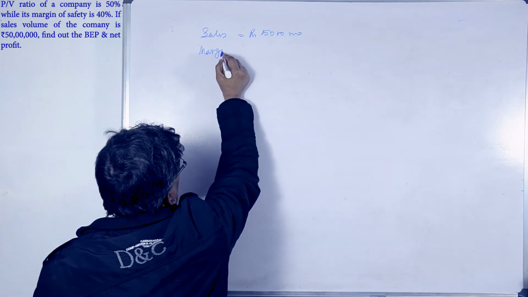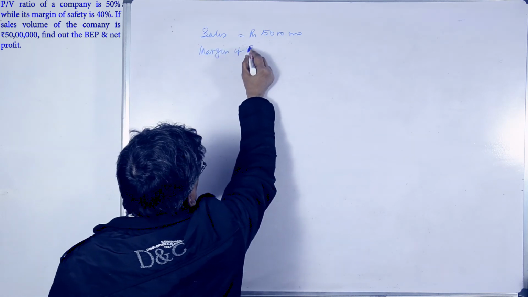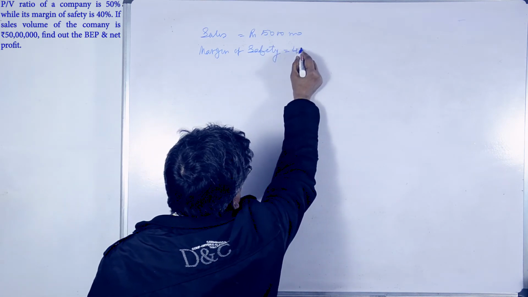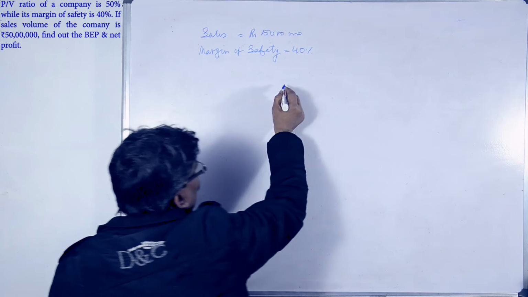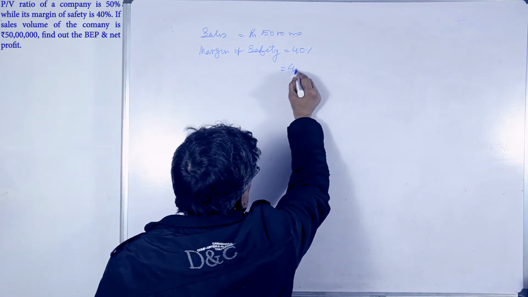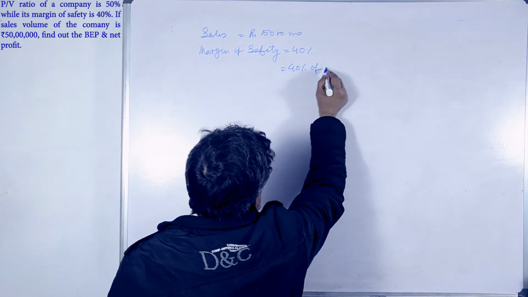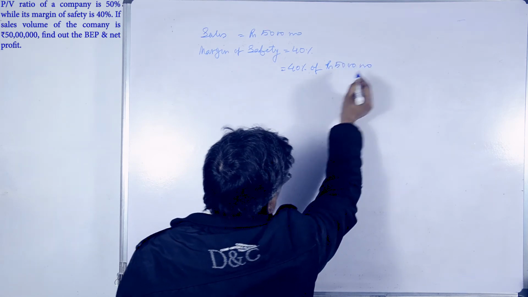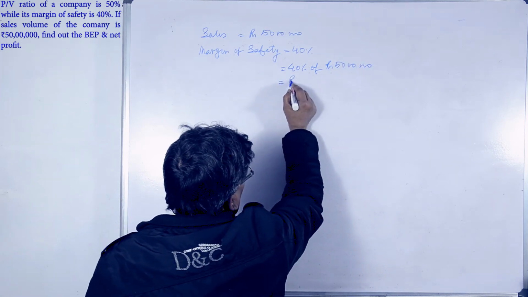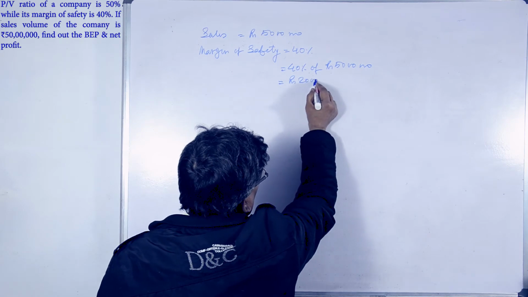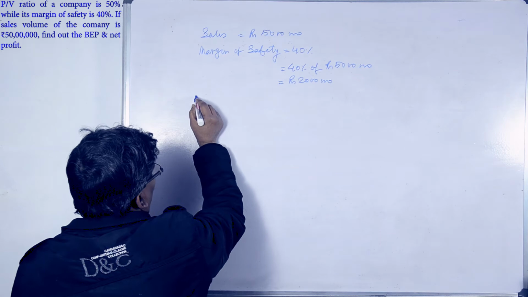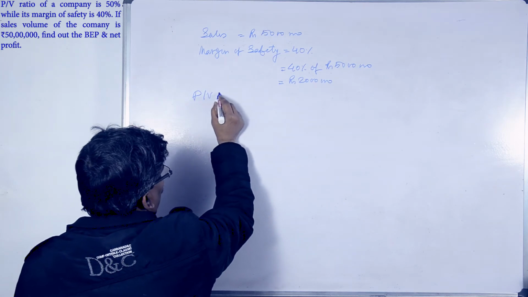Margin of safety equals 40% of sales, 40% of rupees 50 lakh, that is rupees 20 lakh. This is margin of safety. And PV ratio is given here.